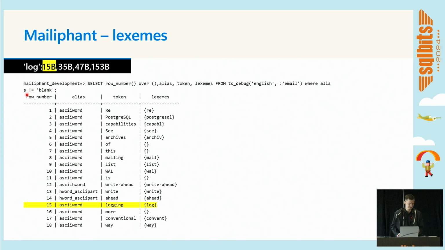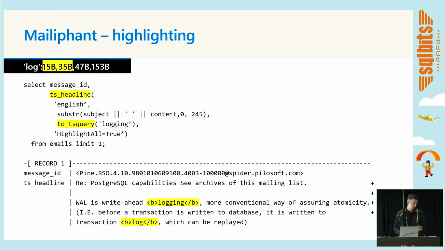Essentially, I'm skipping everything except the blank words that get thrown out here, and I added row number over to have the count of which token it is. So if we go down, you can see the 15th token is the ASCII word logging that goes down to the lexeme log. So this is how it works essentially. And of course, there are helper functions, so you don't have to do that.